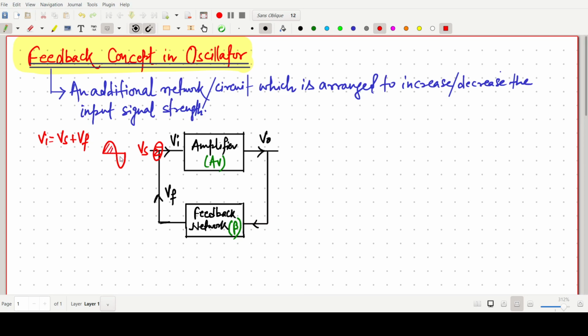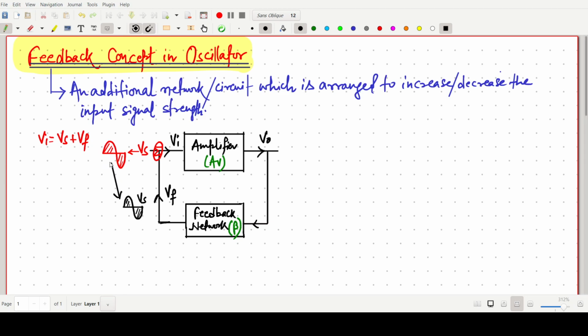This input is Vs, and the feedback one is also in the same phase. So when both the input Vs, or we can say the source, and Vf are in the same phase, this will give Vi the value Vs plus Vf.